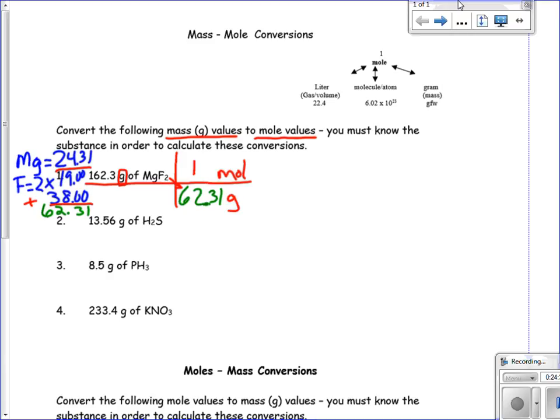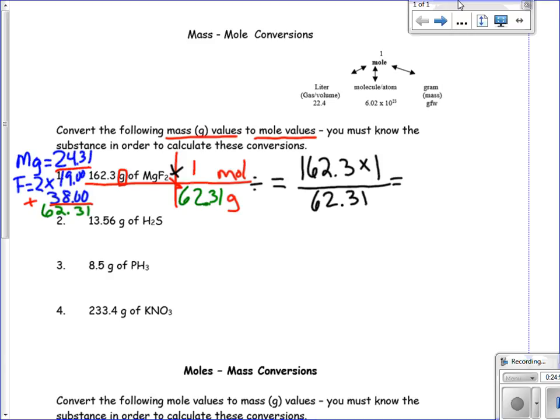And just to help you remember how the T-charts work, you multiply the top, you divide by the bottom. So what this really looks like is 162.3 times 1 divided by 62.31. That's how you would punch it in your calculator.